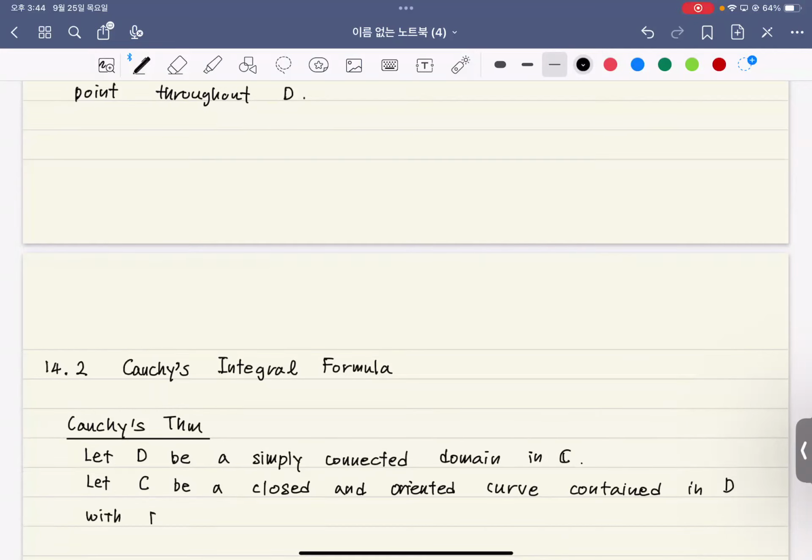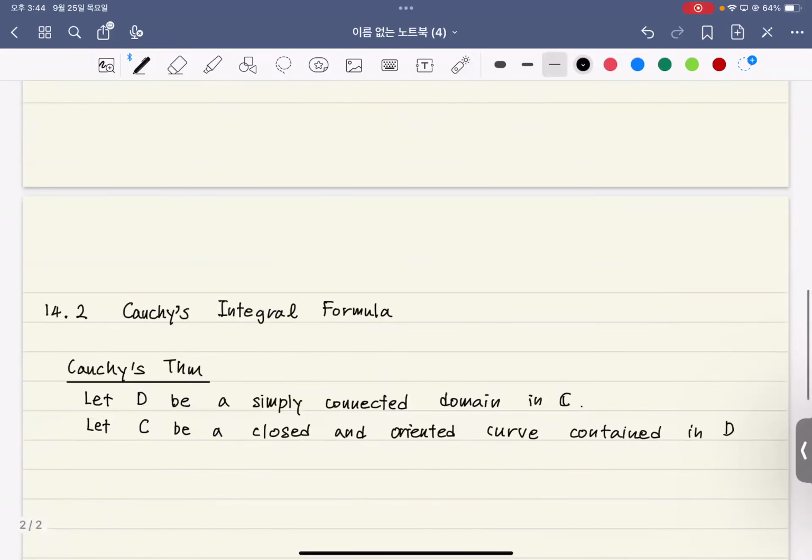Lastly, f is an analytic function on the domain D. And on top of that, we assume that f prime is continuous.